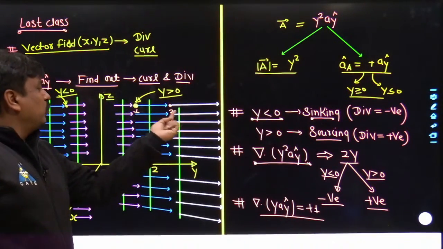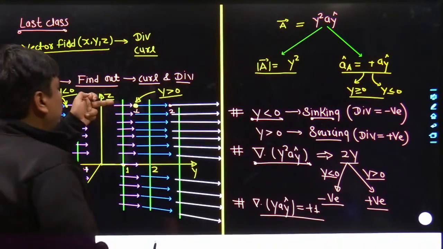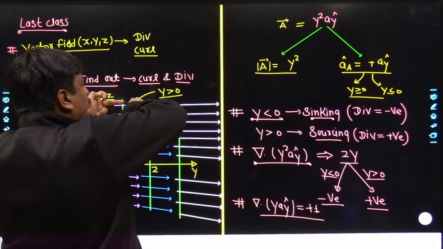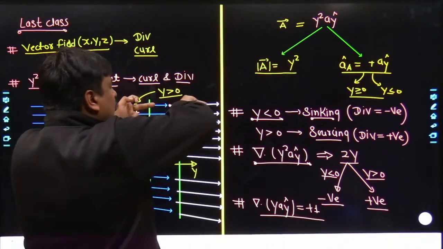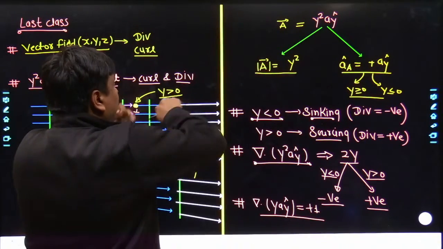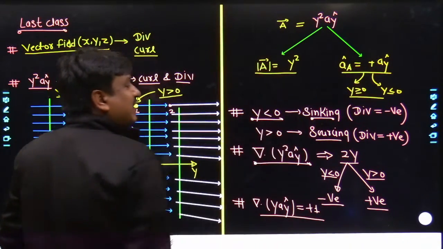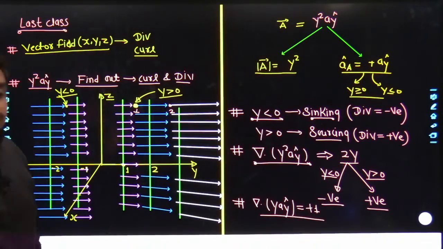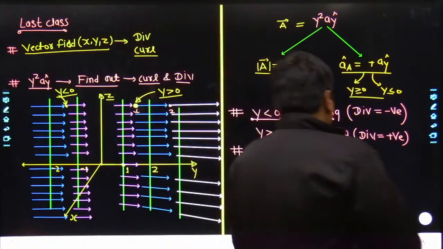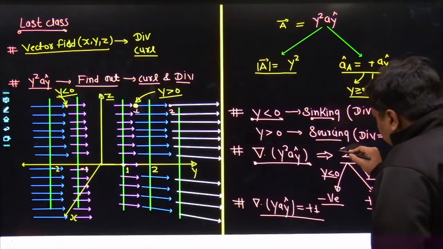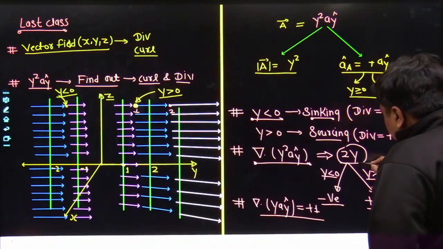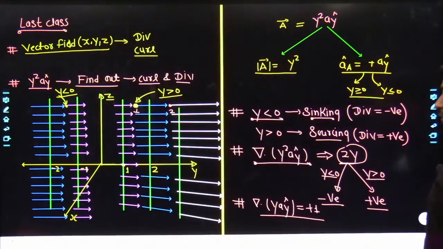Would it be at 2? Would it be at 1? You can see yourself here, the input was 1, the output was 4, 4 minus 1 was 3. But here the output is 9 and the input is 4, so it's a 5. And as you go towards the higher value of y, your behavior of sourciness is continuously increasing. And similarly, the same concept goes towards the left hand side. Could you understand what it means by the polarity and what it means by the function after getting the divergence?